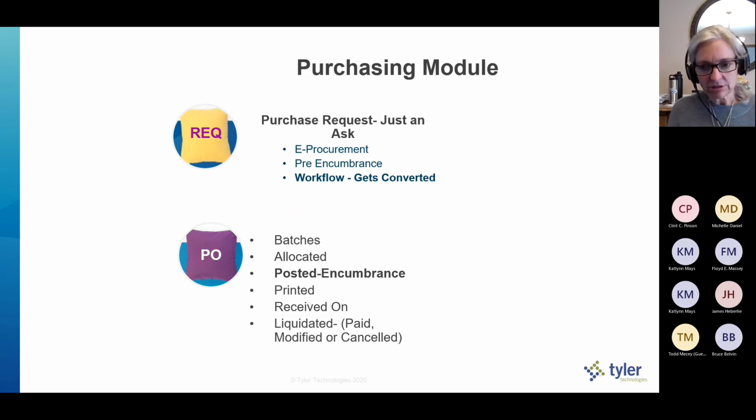The requisition is just an ask. When you create it, it's simply putting in your request to send it to approval through that approval process, workflow, whatever it may be, without holding on to the money in your GL, in your general ledger, without taking the money and putting it aside, if you will.